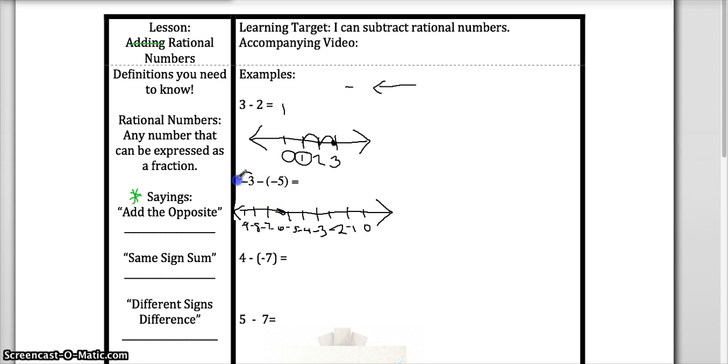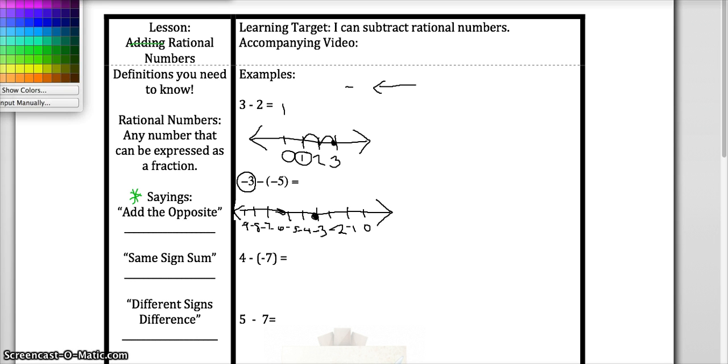Okay, so again, let's look at this. Our first number is a -3. That tells us where to start. So here's my -3. Now it's subtracting, so it's telling us to move to the left. However, we have a negative number that we're subtracting. So we're taking the inverse of this negative number. And this is where the phrase add the opposite comes in. So I'm going to color code this.